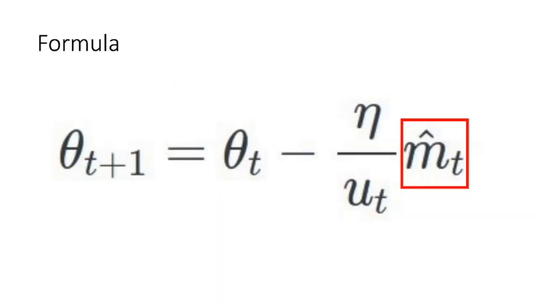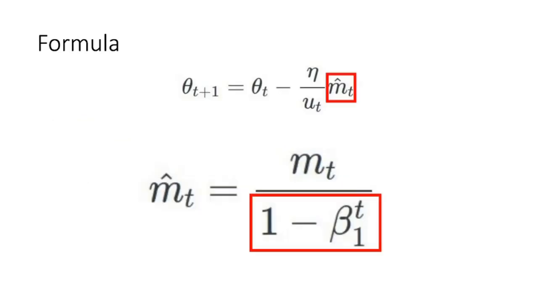So next up we have m hat at t, which is equal to a bias-corrected mt value. This is similar to Adam, so this is exactly the same thing actually. The component below, the divisor, we have 1 minus beta 1 to the power t. Beta 1 is actually the first decay factor, so this is equal to the decay factor exponentiated by the current timestep.